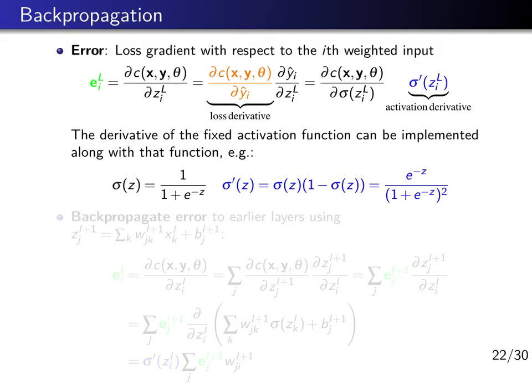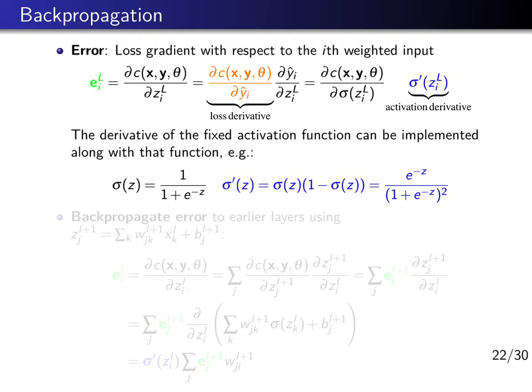And it is defined as follows. It is the derivative of the loss function with respect to the internal activation of neuron number i in layer L. We stay at the last layer here for now, capital L, but this is true for every intermediate layer, little l, as well.